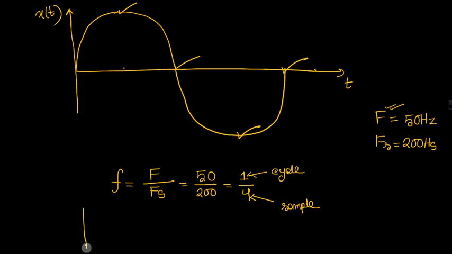That means the analog sample signal or discrete time signal might look like this: 1, 2, 3 and 4. So we will have an idea of the behavior of sampling by observing the value of small f.